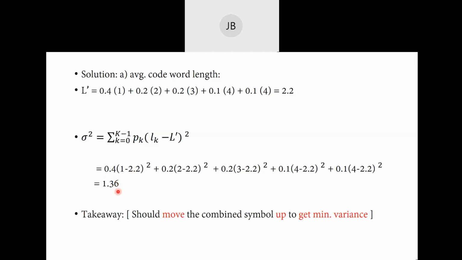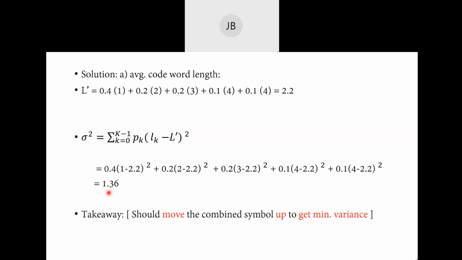So we have seen both the methods, placing the newly generated symbol at the top of the list or the bottom of the list. We should move the combined symbol up to get the minimum variance. In this case, we kept the newly generated symbol at the bottom of the list, so the variance is 1.36. In the earlier example, we had placed the newly generated symbol at the top of the list, and then the variance was much lesser than this, around 1.02.